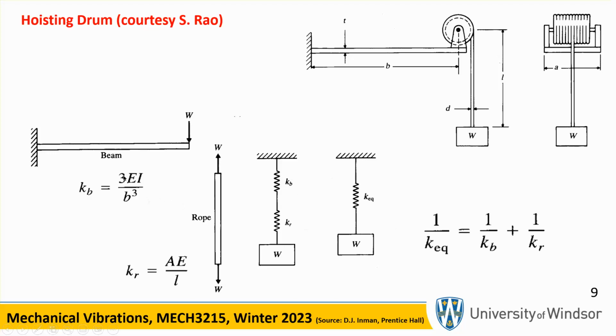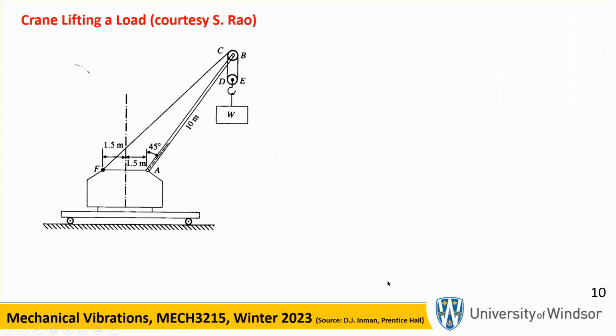So we know the stiffness of the beam, we know the stiffness of the rope or the cable, and these two are in series. Therefore, the equivalent stiffness of the entire single degree of freedom structure, this hoisting drum problem, is 1 over KB plus 1 over KR. It's equal to 1 over equivalent stiffness. And then once you calculate this, you flip it, you're going to get K equivalent.